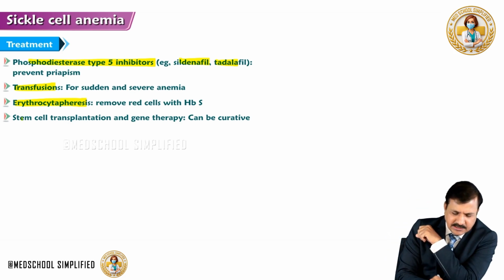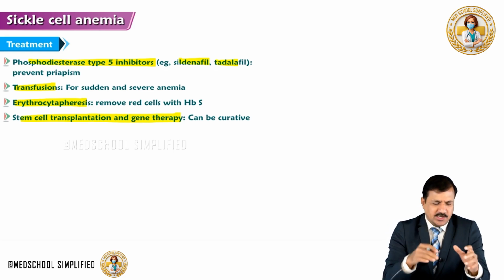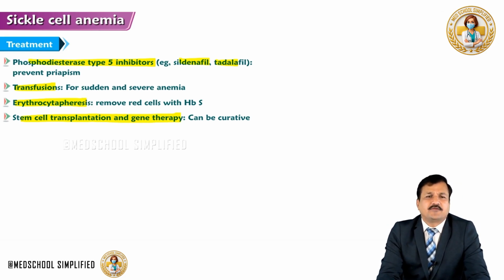And lastly, stem cell transplantation and gene therapy can be done, and this can be a curative therapy. So these are different modalities of treatment that are tried in the treatment of sickle cell anemia and also in prevention of the complications arising from sickle cell anemia.